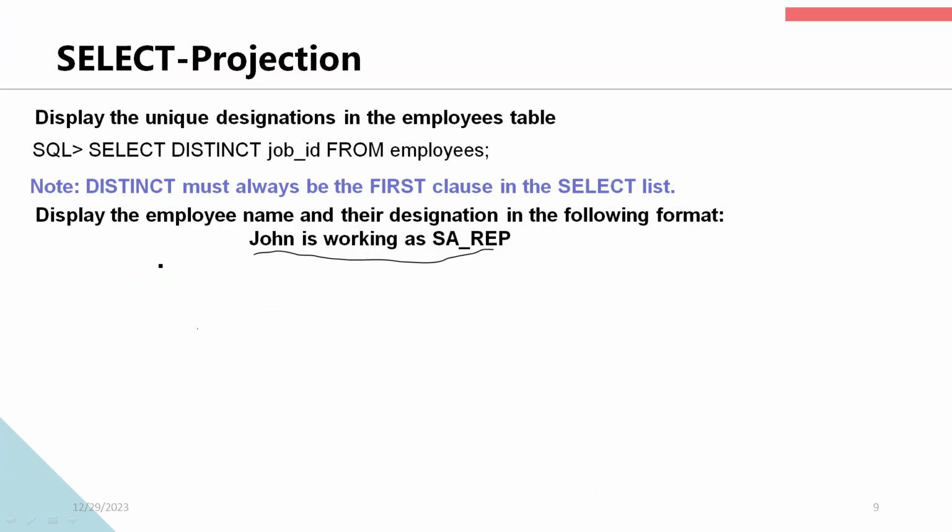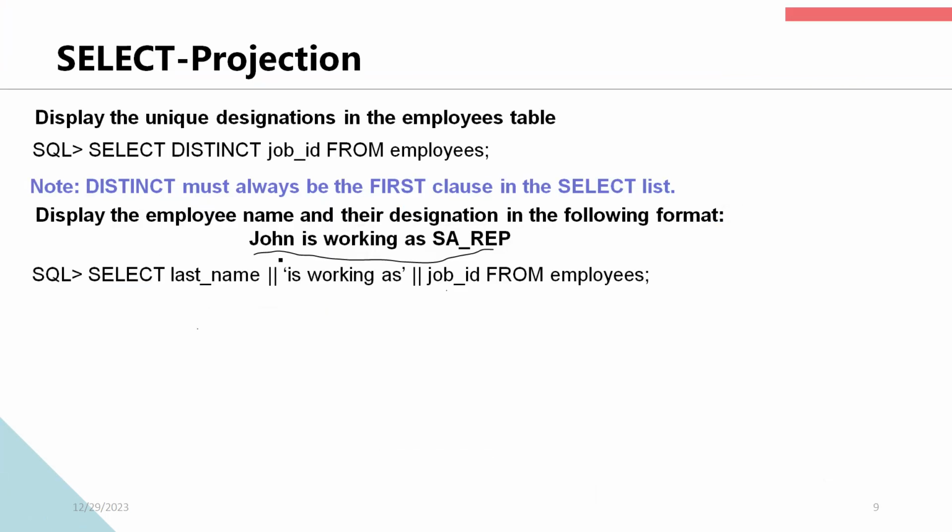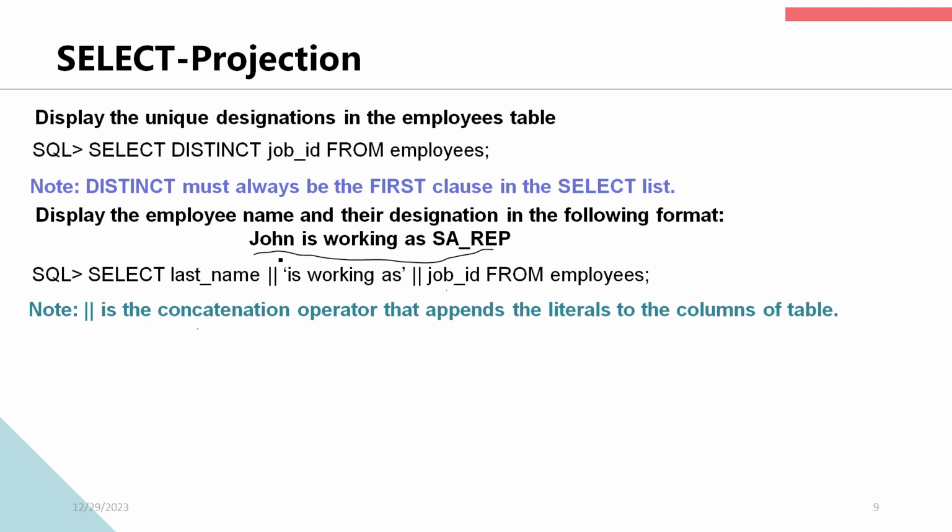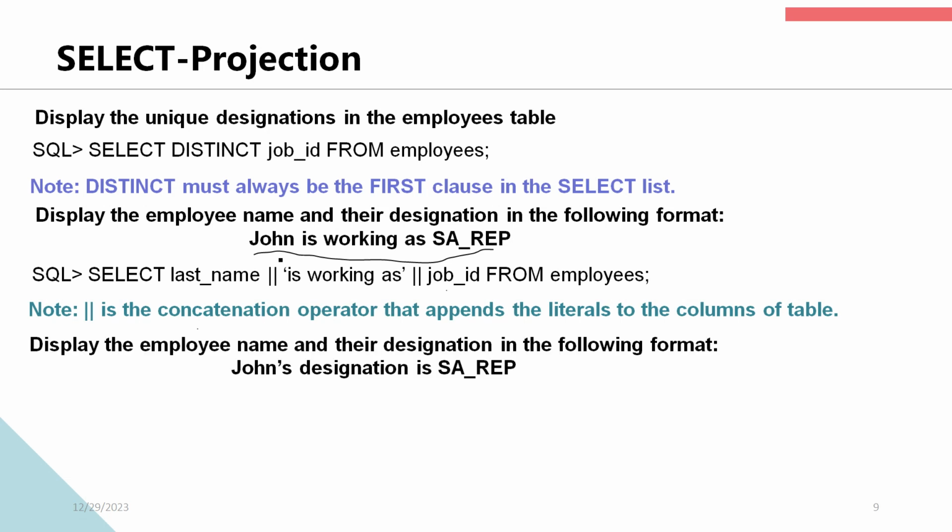So here we proceed with, let's go with another question. So now we are changing the question. Please observe. We do not want this to be in this format of sentence. Instead, we wanted to display the employee's designation is some designation name. Right?